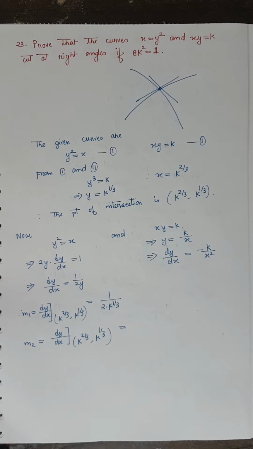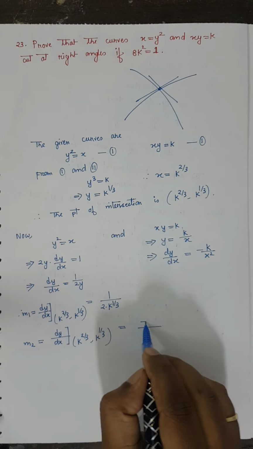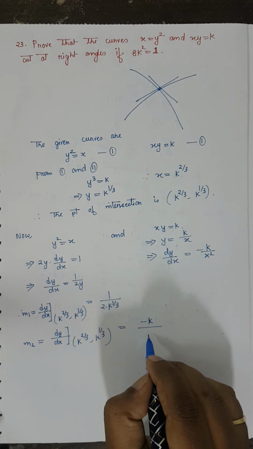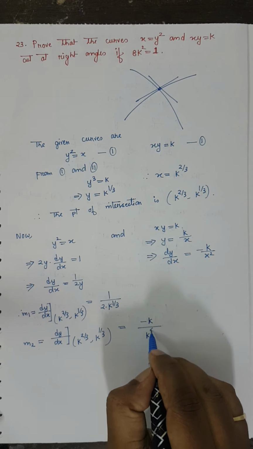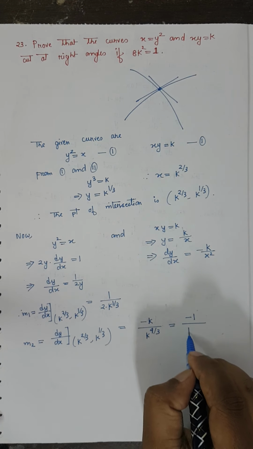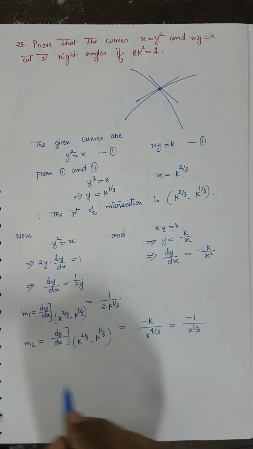You will get minus k by the value of x, which is k to the power 2 by 3, so it becomes k to the power 4 by 3. Further, if you divide, you will get minus 1 by k to the power 1 by 3.